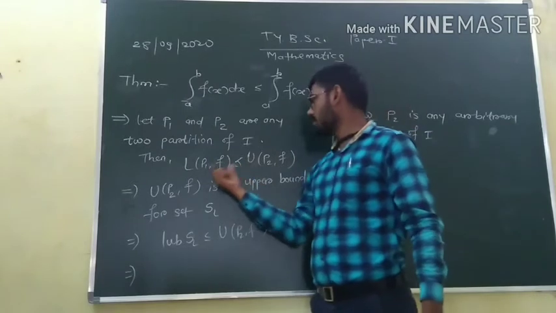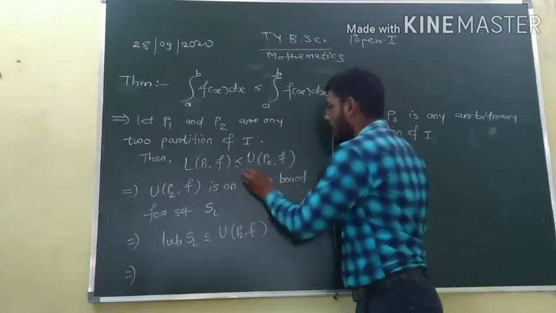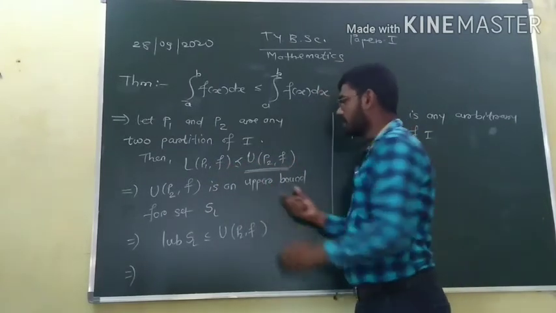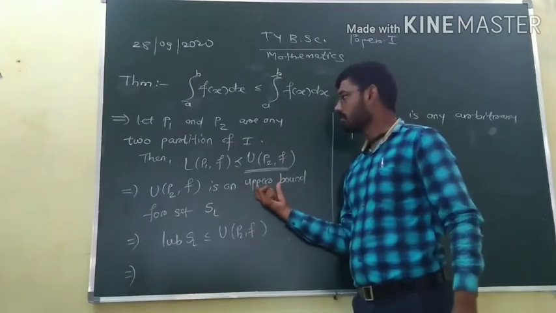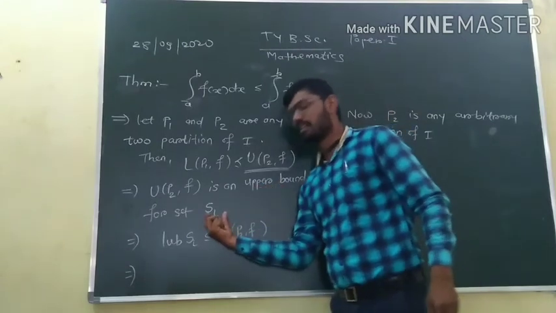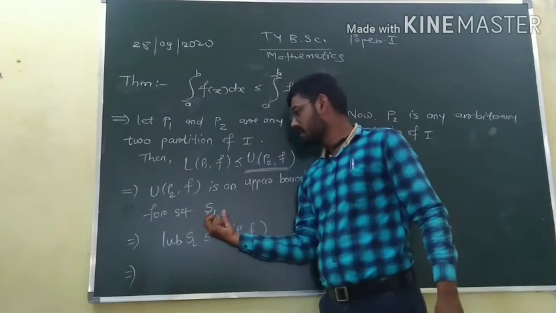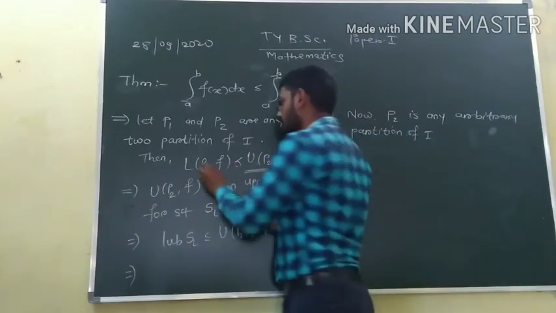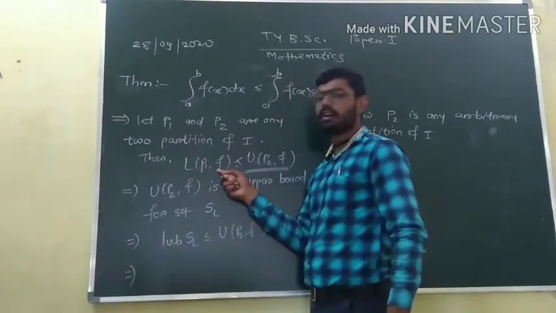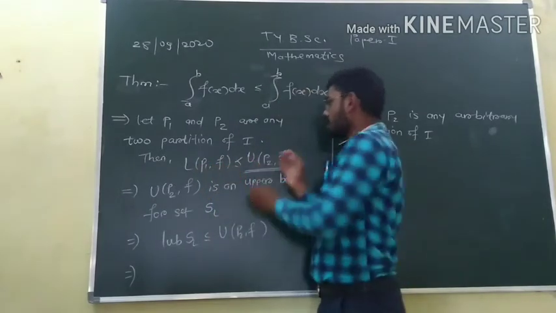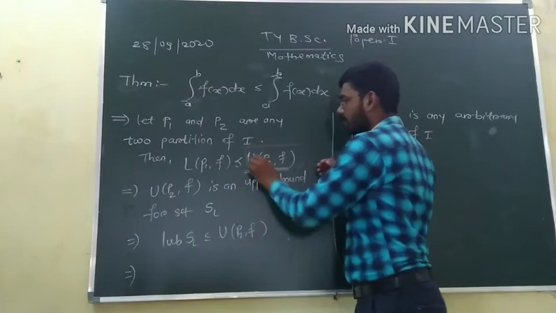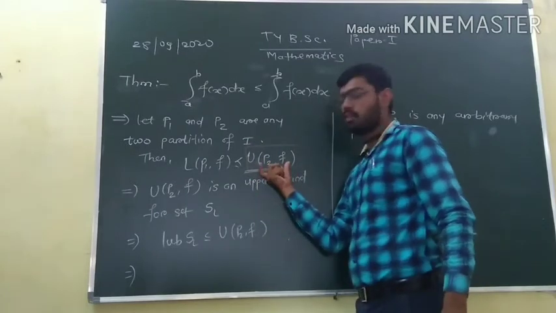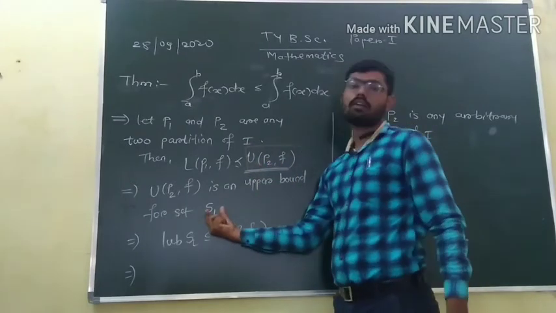Now, since the lower sum is always less than or equal to the upper sum, this upper sum is an upper bound for the set SL. What is the set SL? The set SL is nothing but the set of all lower sums. Take any lower sum of the function f corresponding to any partition, it is always less than or equal to this term. So this term becomes an upper bound for the set of all lower sums.